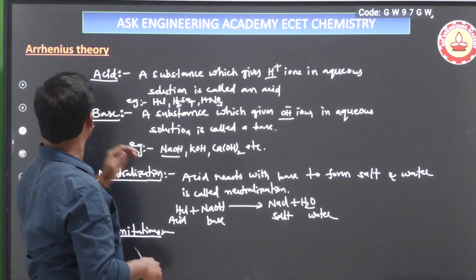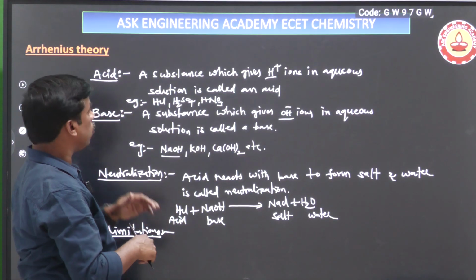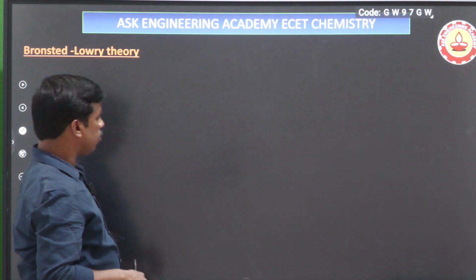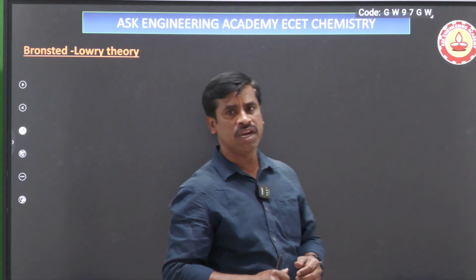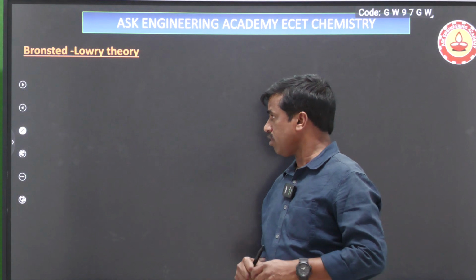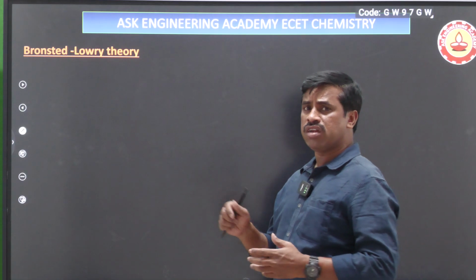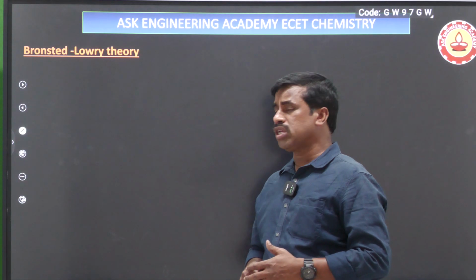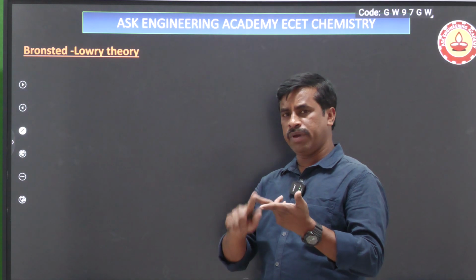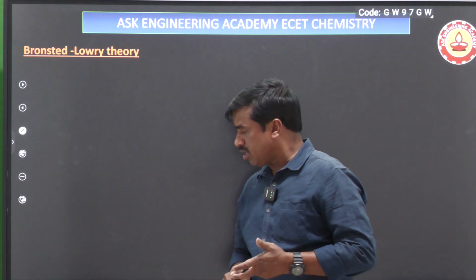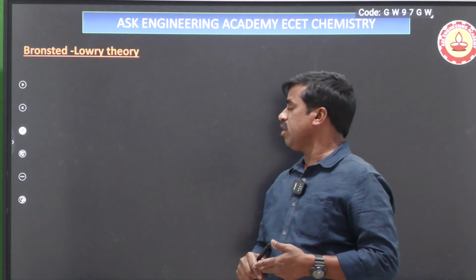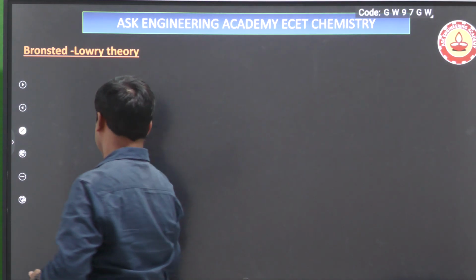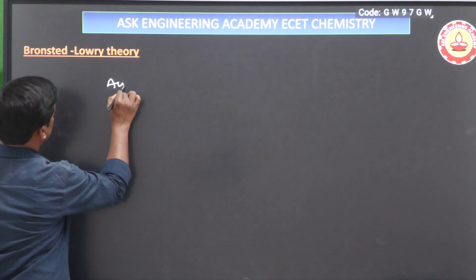Okay students, next I would like to continue with the next theory, Bronsted-Lowry theory. According to Bronsted-Lowry theory also I am going to discuss acid and base. What is an acid?